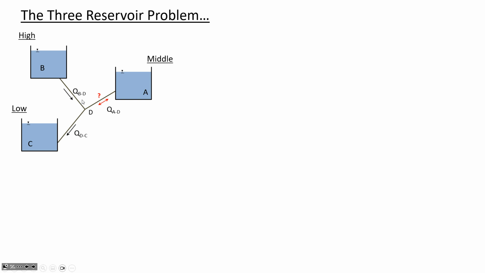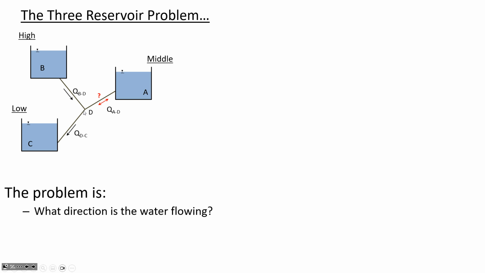So if there's more head at D, then the water will flow from D to A because it goes from high energy to low energy. Or if the elevation of A is higher than the head at D, then that's going to push the water from A towards D.